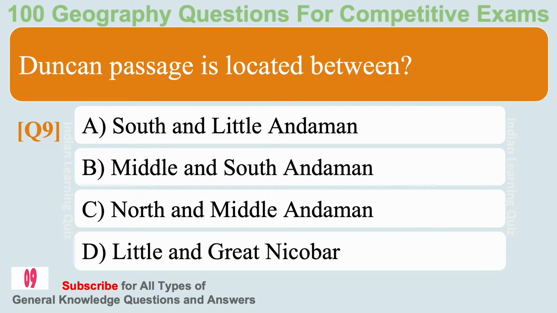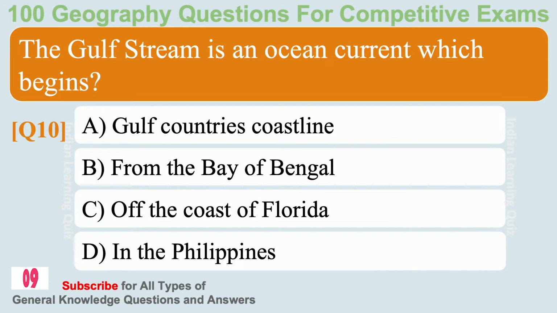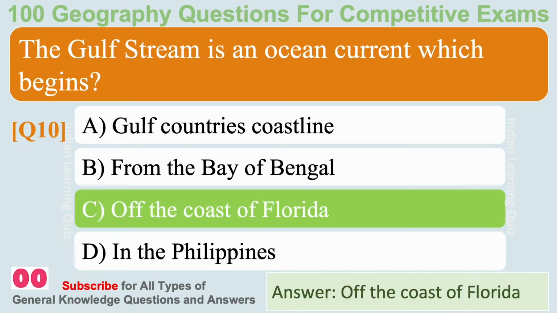Duncan Passage is located between... Answer. South and Little Andaman. The Gulf Stream is an ocean current which begins... Answer. Off the coast of Florida.